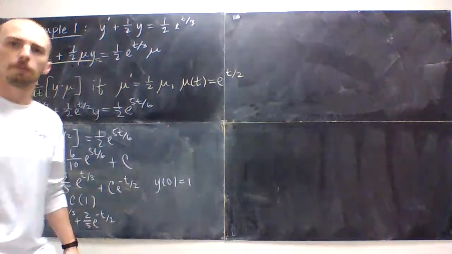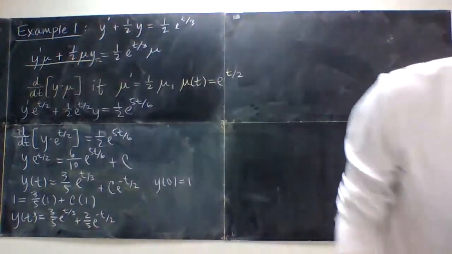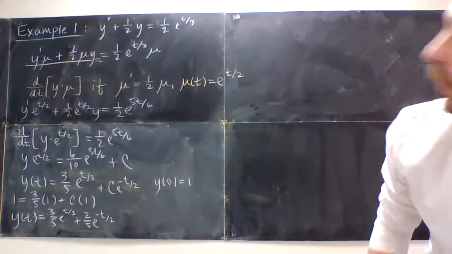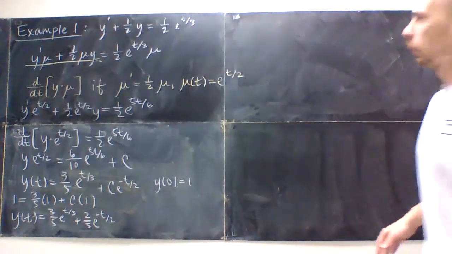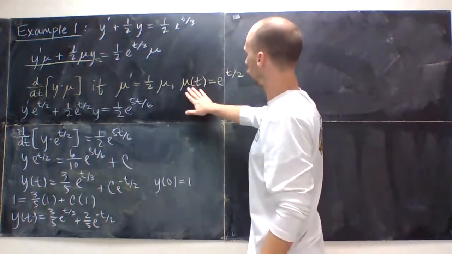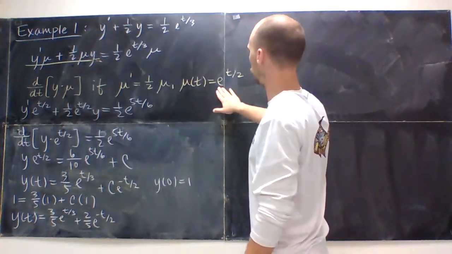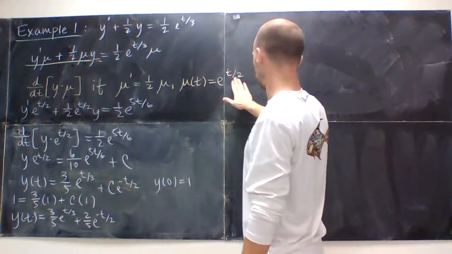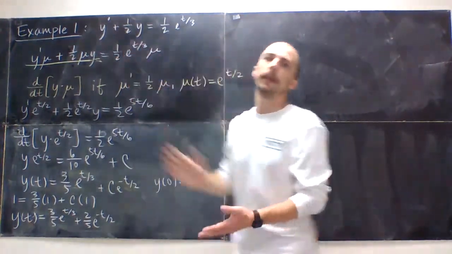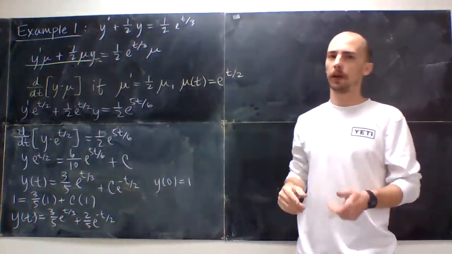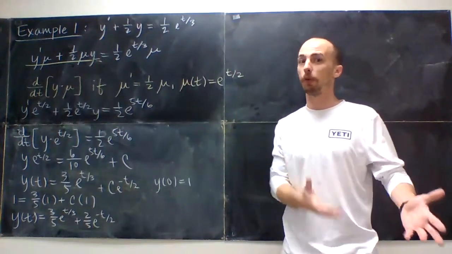I think before I move on and do another example, I want to just point out how this integrating factor technique went. Over here, my integrating factor mu of t ended up being e to the t over 2. What did t over 2 have to do with this up here, this p of t? Okay, t over 2 is the antiderivative of 1/2 with respect to t.